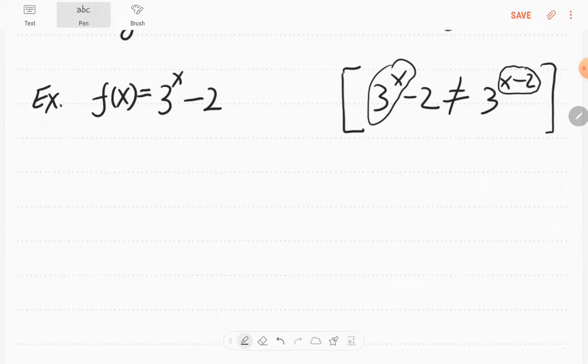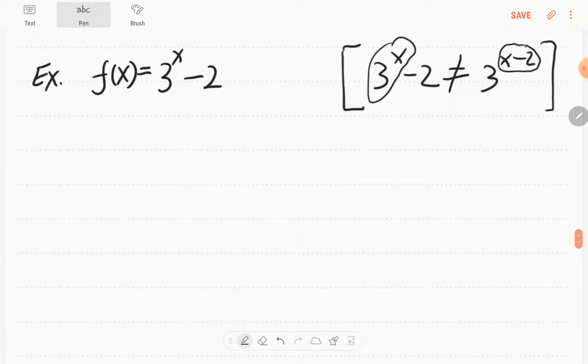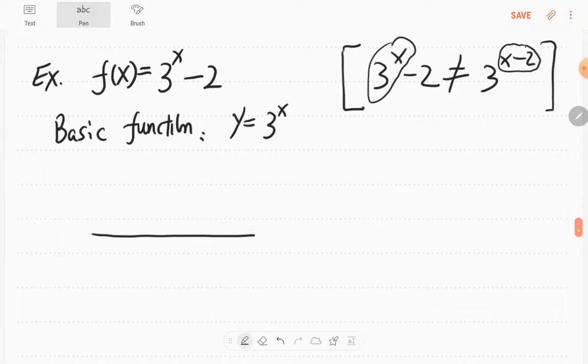Okay, so now let's look at this one. When we draw the graph, the first thing is we need to know what the basic function, or the parent function, is for this. Here it is y equals 3 to the x, right?